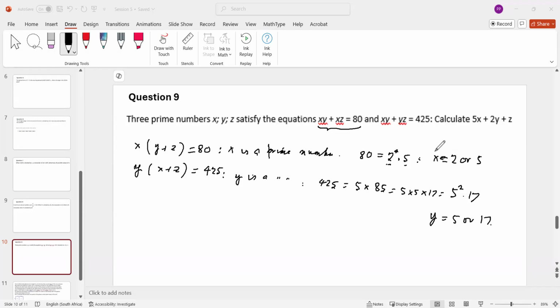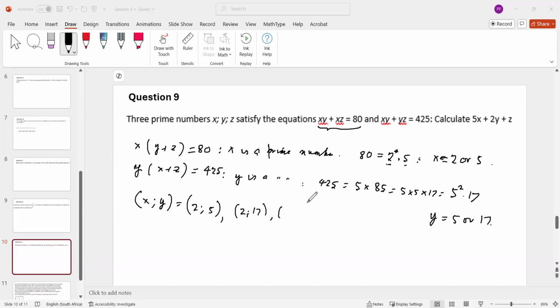All right, so you've got two possibilities for x and two possibilities for y. At this stage, I'd like to write down all the possible pairs of x and y. X could be 2 and y 5. X could be 2 and y is 17.